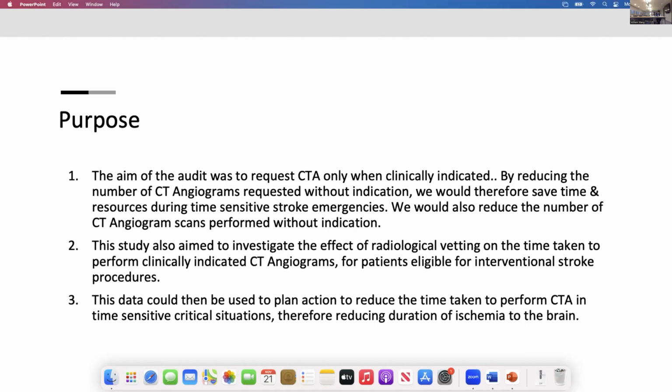So one of the aims of this audit was, what if we took out this period of vetting from the picture? What if we just request the scan, and if it's appropriate, it goes directly to the scanner and we get the scan done? We don't need to talk to the radiologist to convince them that the scan is needed in this emergency situation. And lastly, this data could then be used to plan action to reduce the time taken to perform it in time-sensitive situations.